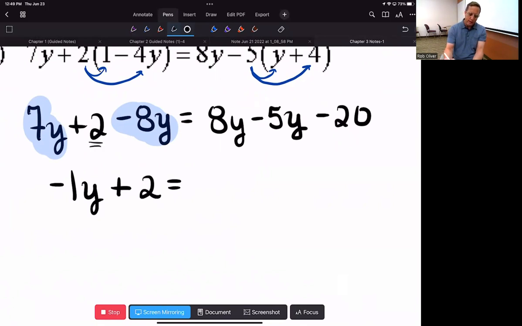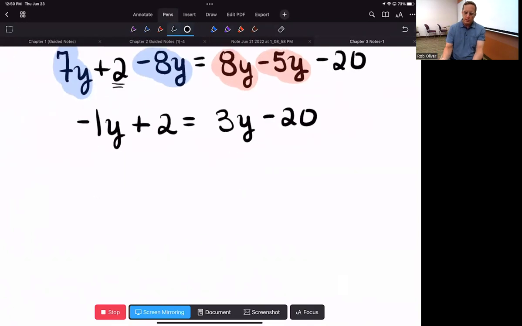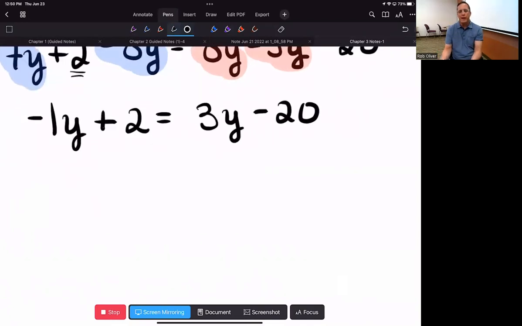And then on this side, we've got 8y, and we have negative 5y. That makes 3y minus 20. Okay, and at this point, we've got everything on the left side and on the right side simplified. That's what we want. We want everything to be worked out.